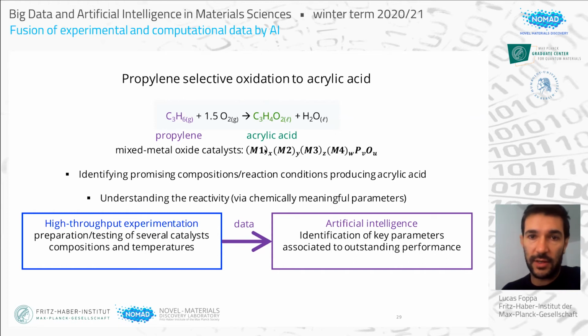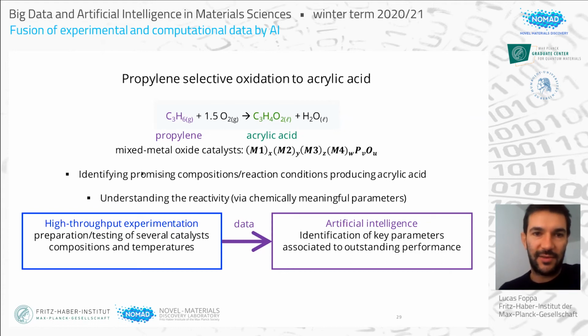They are composed of these 4 metals or semi-metals, plus phosphorus and oxygen. You will see that this is somewhat similar to what we had before, especially in this MoVTeNb catalyst. It's a combination of different metals. So this is the target catalyst we have for this project. And what is the goal here?